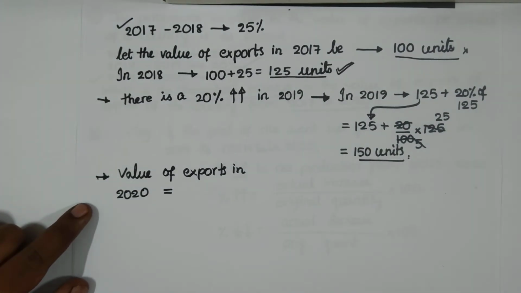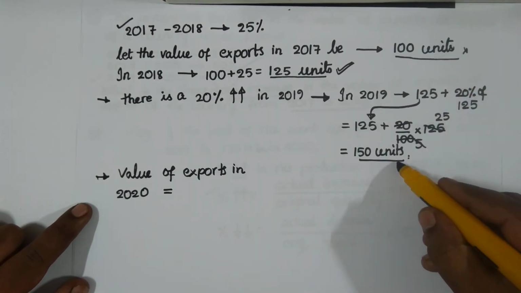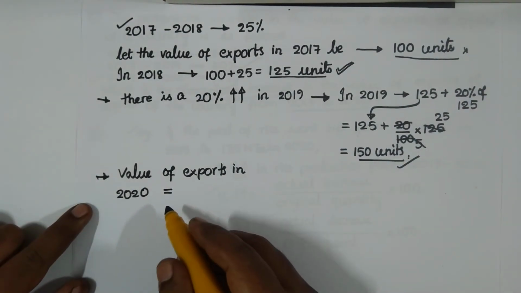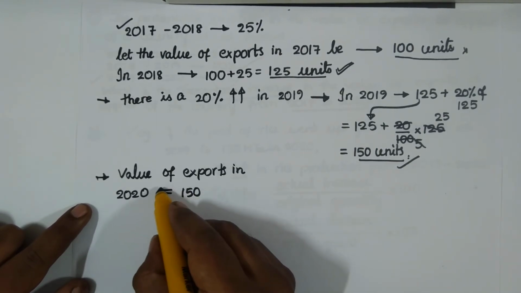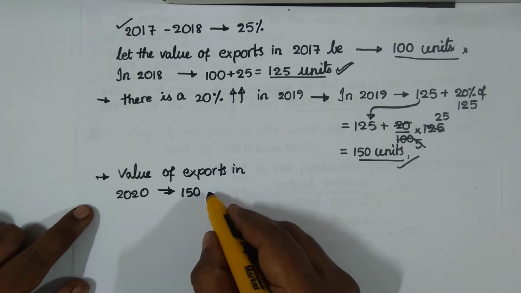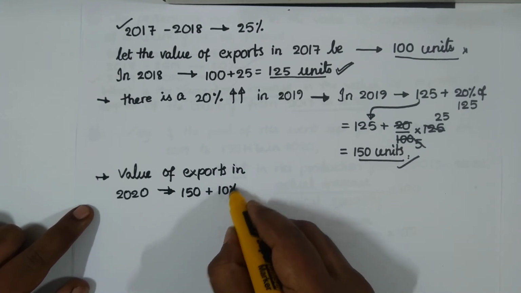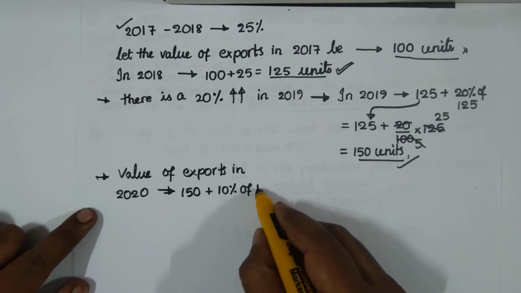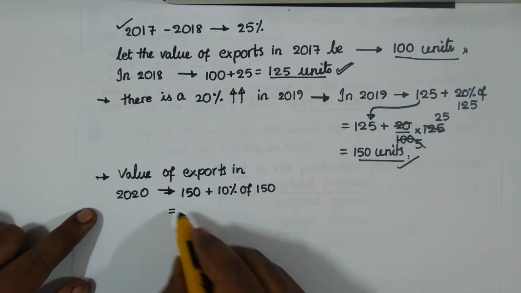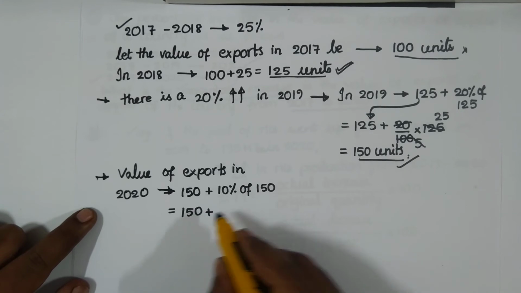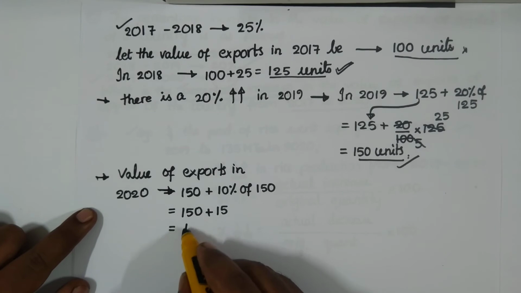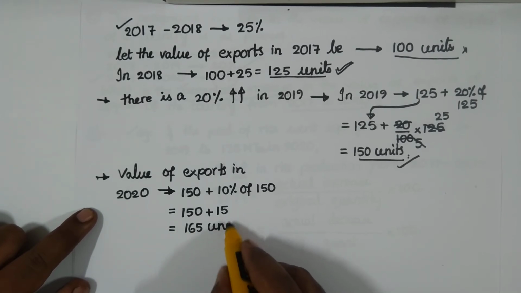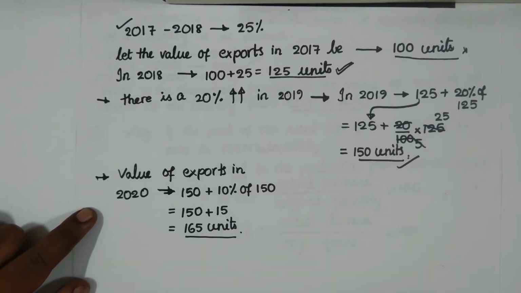So 10% of what? Not again 100, 10% of this recent one, 150. This is very, very, very important, please. So 150 plus 10% of 150. 10% of 150 is 15. So the answer is 165 units.